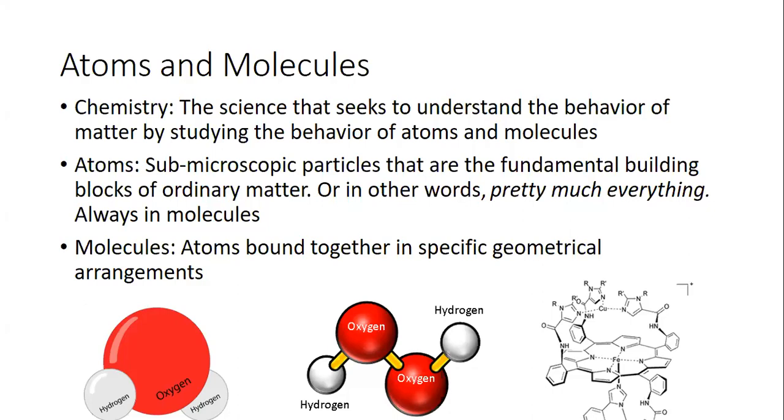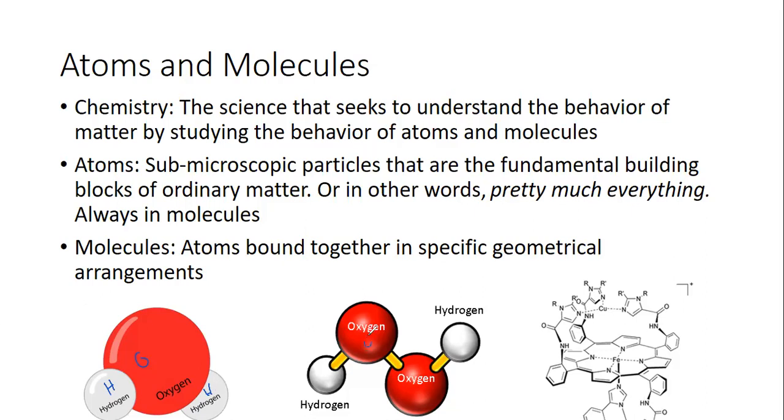And generally, these atoms are going to be in molecules. Not always, but the vast majority of the time, the things that we interact with are actually molecules. The pictures I have here are just some very basic examples of molecules, right? So here we have H2O, better known as water, where you have two hydrogens bound to a center oxygen.